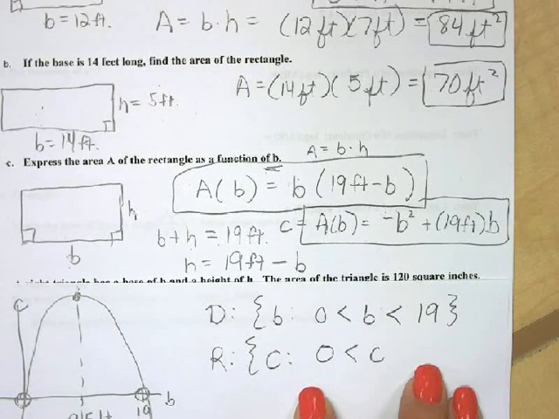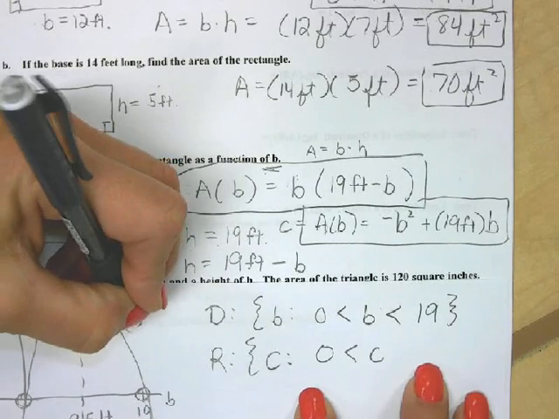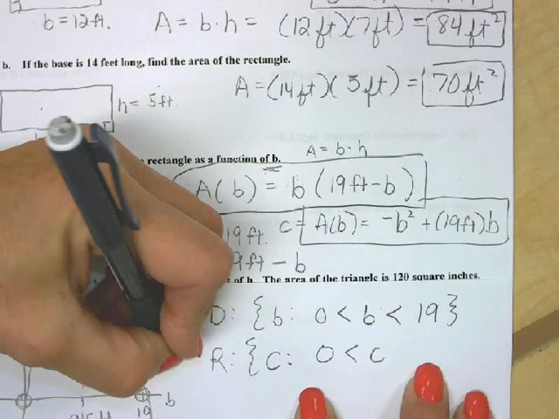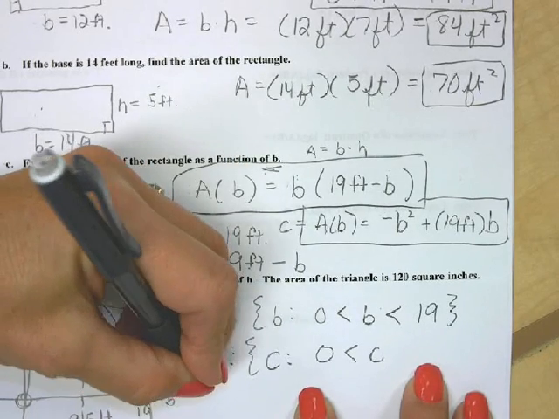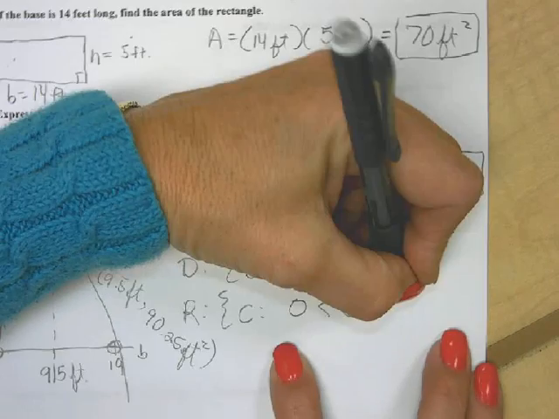On my calculator, I'm taking 9.5 times 19 feet minus 9.5, and I'm getting 90.25. This point right here, the vertex, is at 9.5 feet and 90.25 square feet. So there's my range.